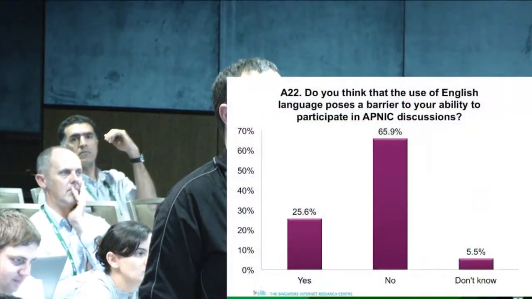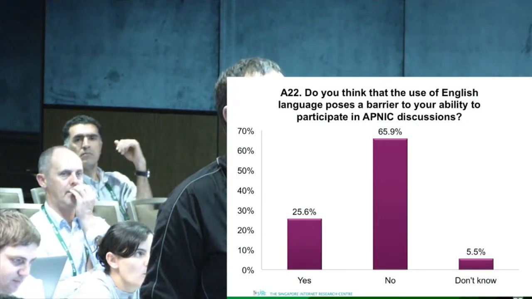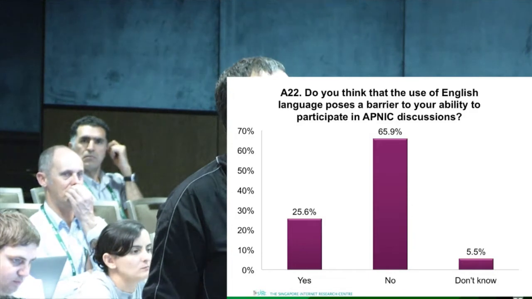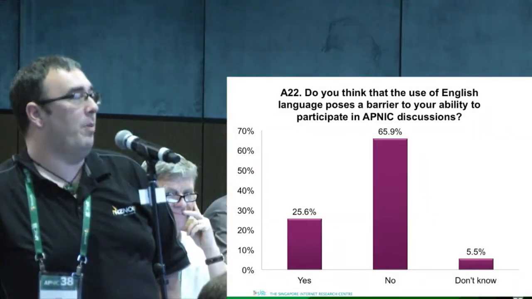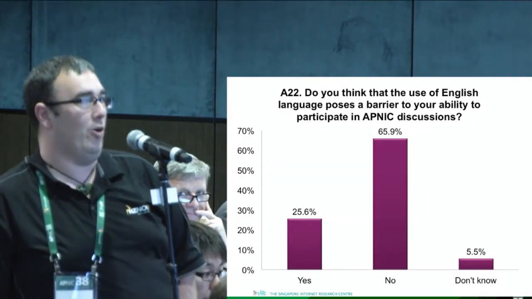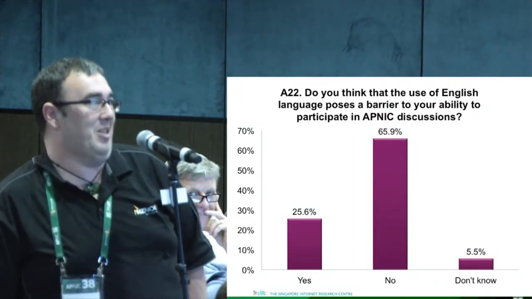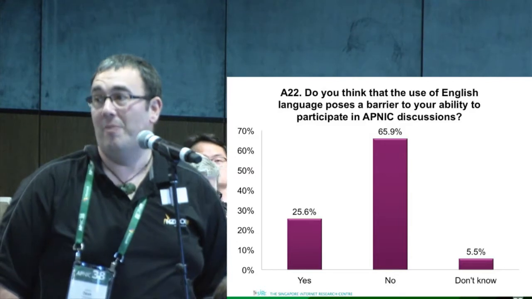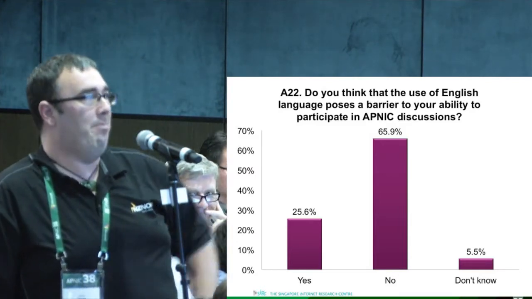I think that question is so self-selecting, right? You've got people who are reading the entire survey in English and the questions in English, and correct me if I'm getting that wrong. So you've already got people who speak English well, who care about this stuff, and it's not surprising that 66% of them said there was no problem.